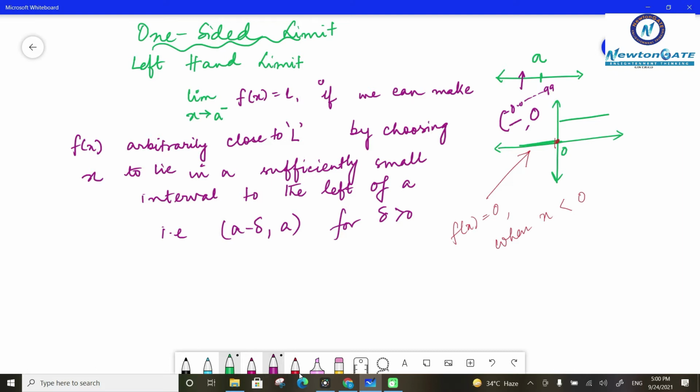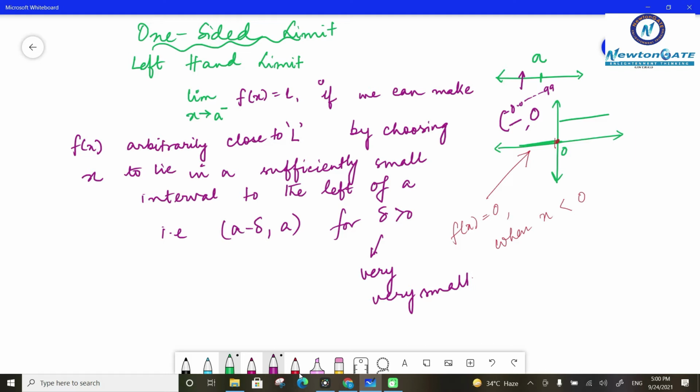So we have to subtract some value from 0 to get that particular number in (A minus delta, A). Again, yes, definitely delta has to be greater than 0, but it should also be sufficiently small, very small, and that is our left hand limit.